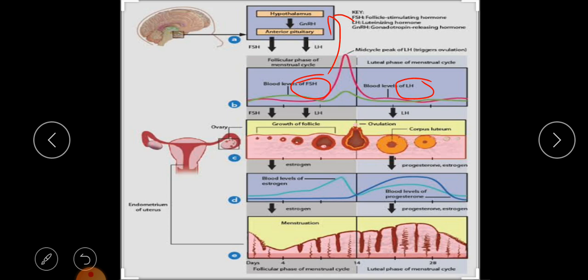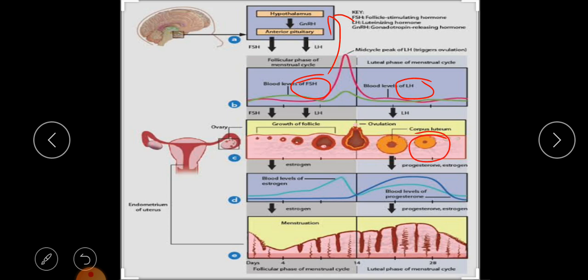Okay, so it is secreted very less in the blood, and the corpus luteum needs some LH to exist, otherwise it degenerates or deteriorates into a corpus albicans.